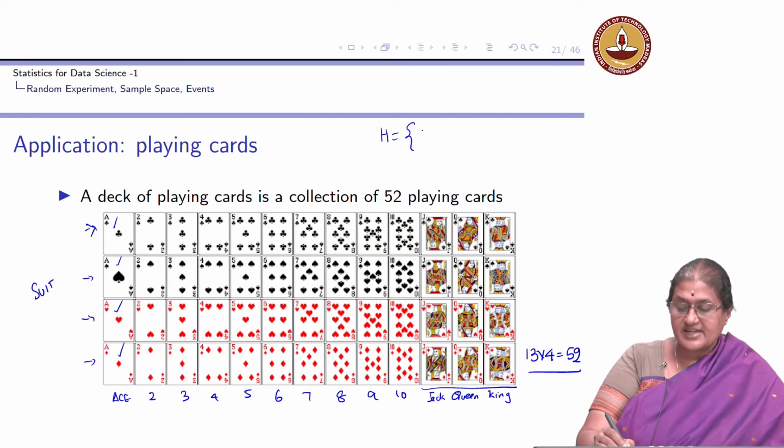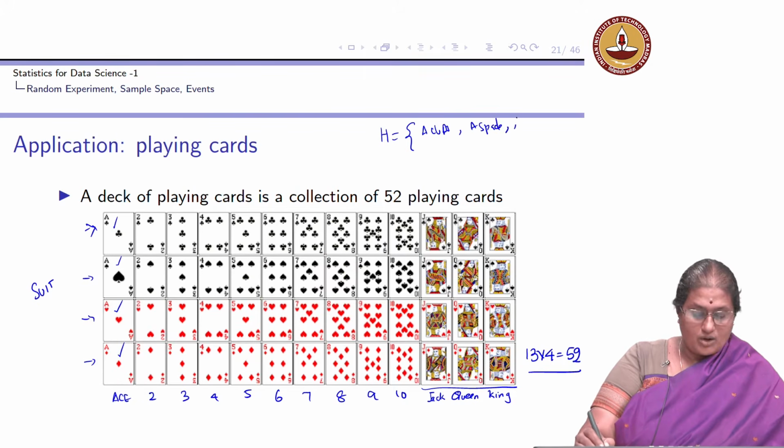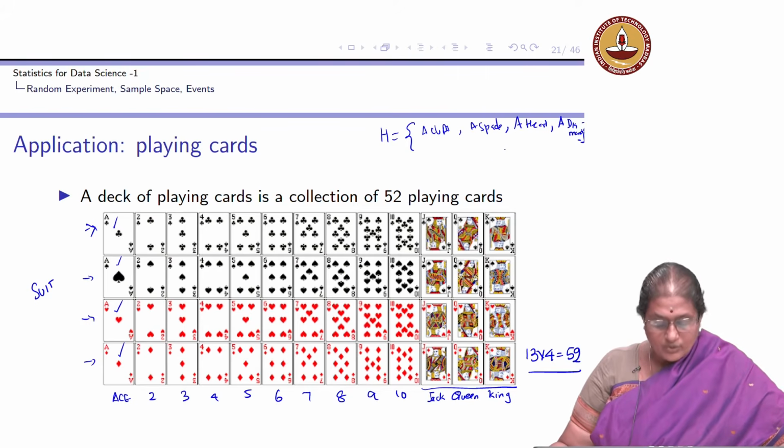So, if I am defining H to be the event of selecting an ace, it could be ace of clubs or ace of spades or a heart or a diamond. Any one of these 4 outcomes.